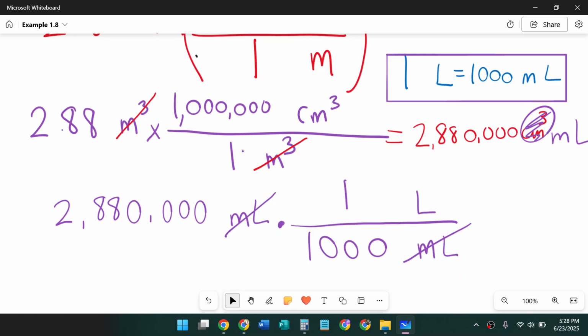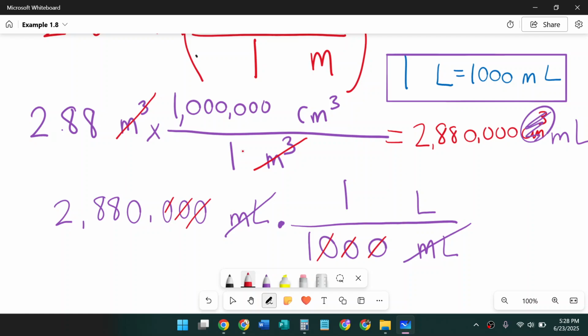If you are very good at math, you might recognize that these three zeros mean that we could basically divide the top and the bottom by 1,000, and I'm left with 2,880 with no other zeros because they canceled out.